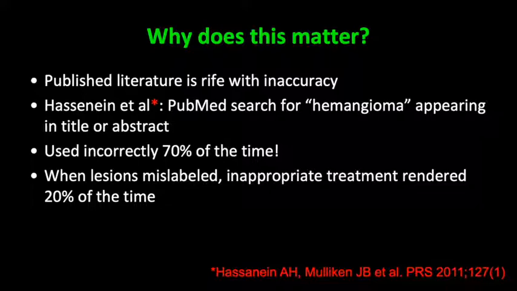So our literature is full of incorrect usage. And not only that, but when these lesions are mislabeled, inappropriate treatment was rendered 20% of the time. So these words really do matter. Using correct terminology and classifying these lesions correctly really does matter.